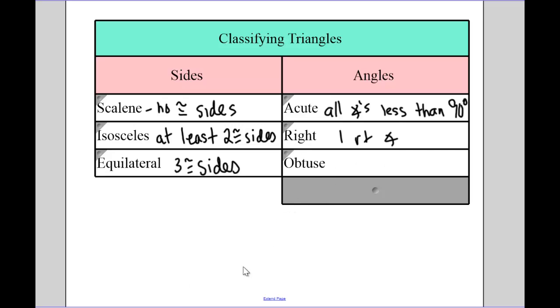Obtuse, one obtuse angle. And then lastly, equiangular. Equilateral meant equal sides. Equiangular, three congruent angles.